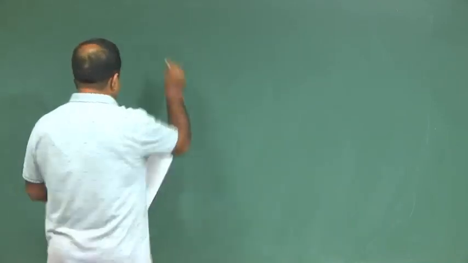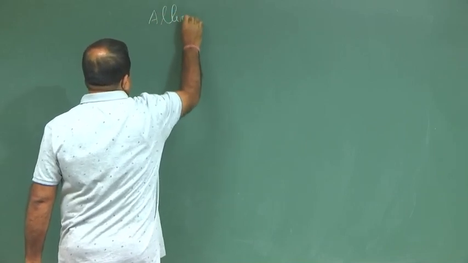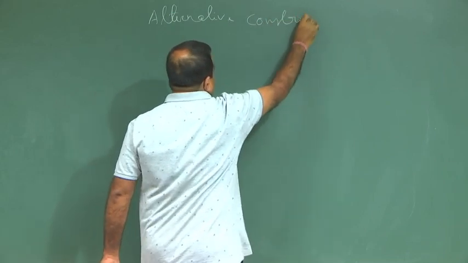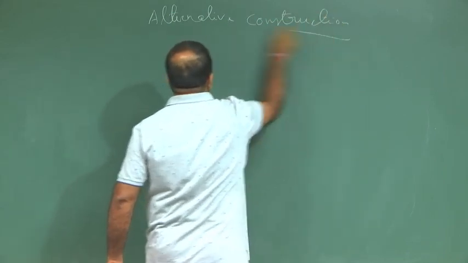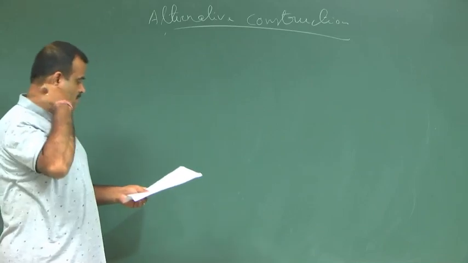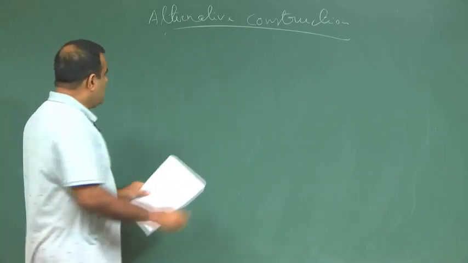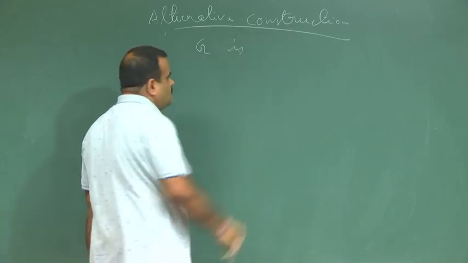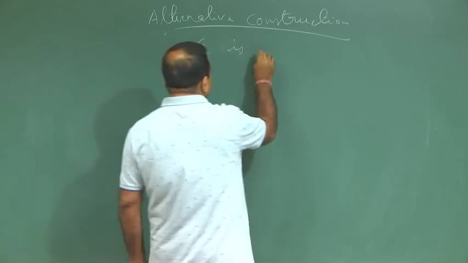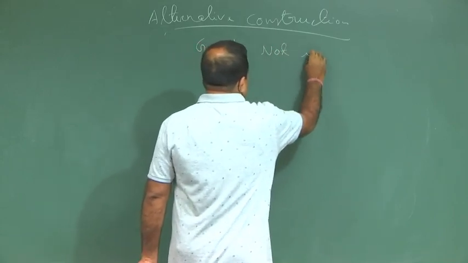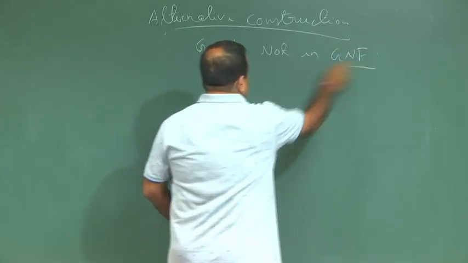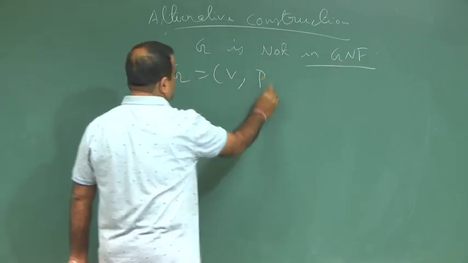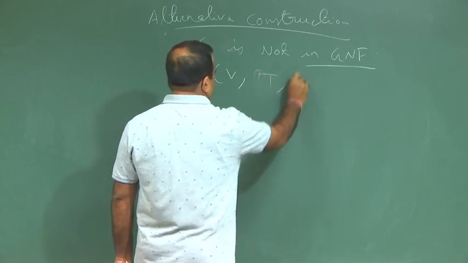So, alternative construction. Suppose G is not in GNF, or even if it is in GNF, we will not consider that. G is not in GNF. That means, we have a given a G.